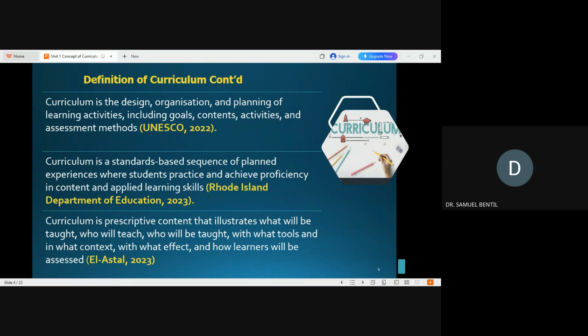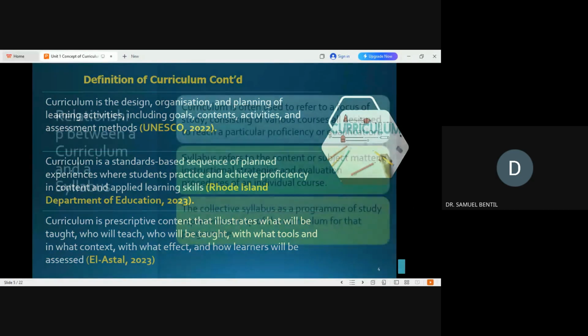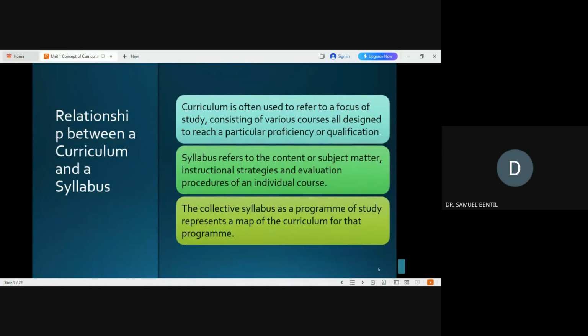But the syllabus just shows you the subject matter or the content of each of the courses or subjects in the curriculum. That's why we say the collective of the syllabus gives you the curriculum.